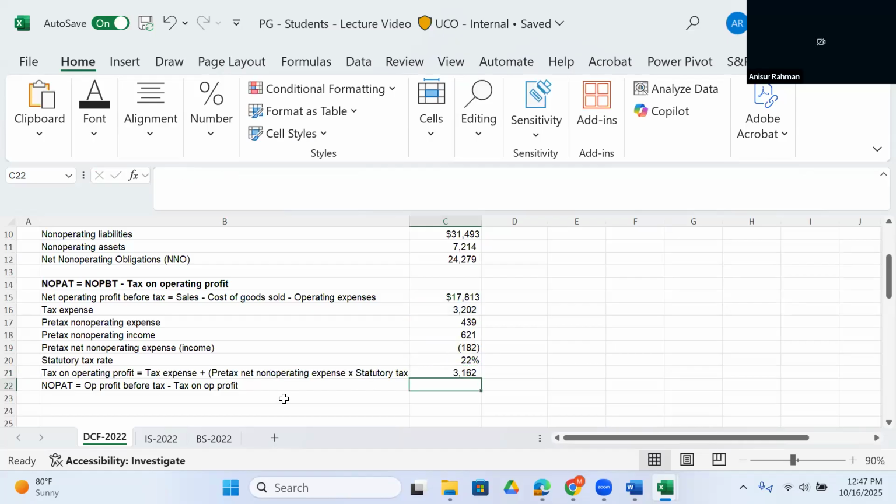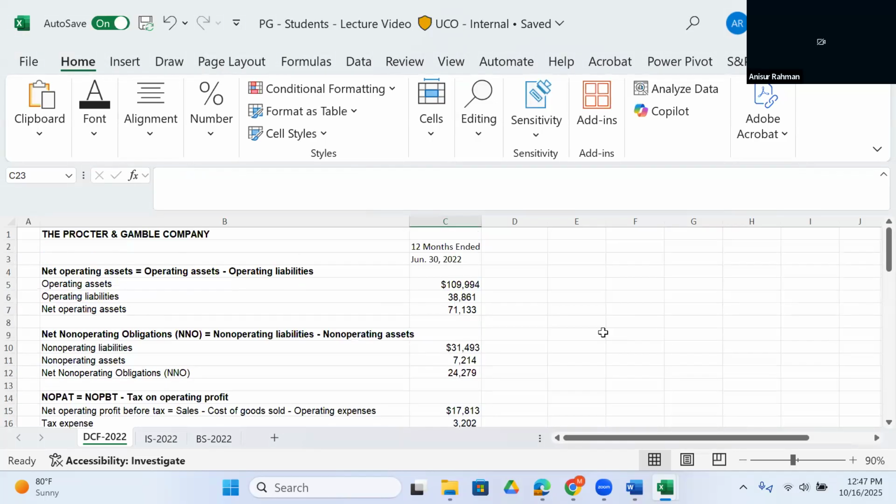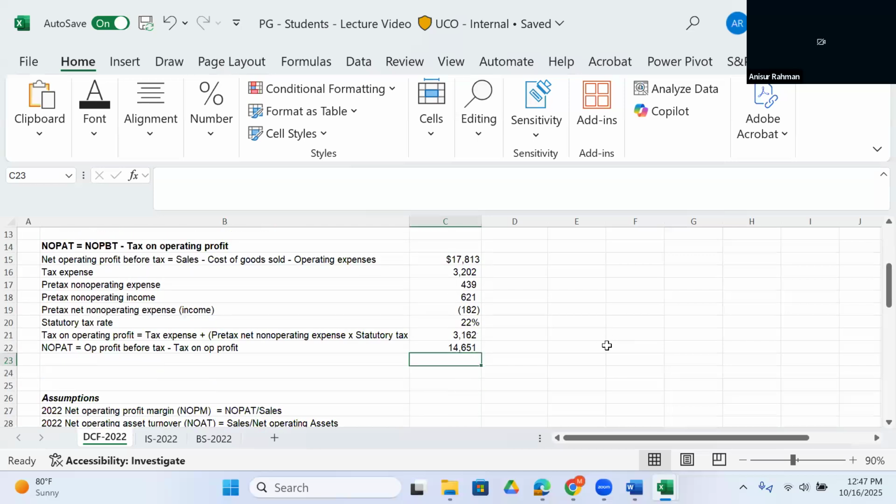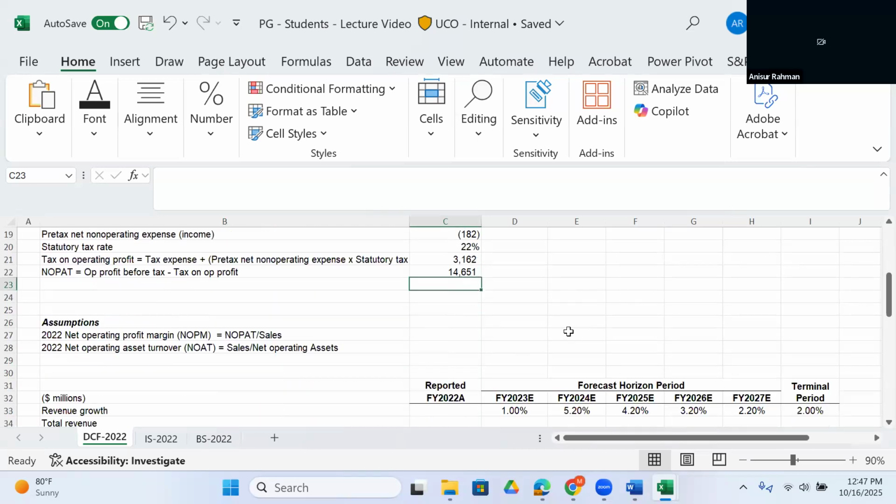Okay, now our NOPAT, which is operating profit before tax, this, minus tax on operating profit. So these are some of the information we will need.